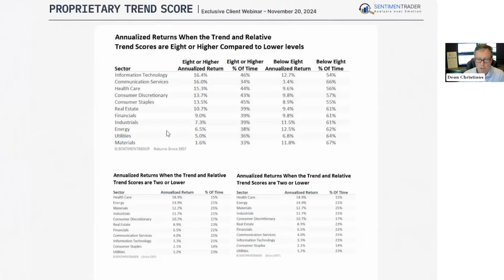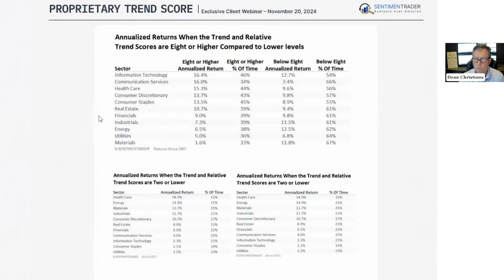So when you're creating systems to use these relative and trend score composites, you need to keep in mind what pool we're fishing in, right? Are we going to fish in the growth pool where it's favorable to own momentum, or are we going to be in the value, cyclical pool where we want to employ more mean reversion?